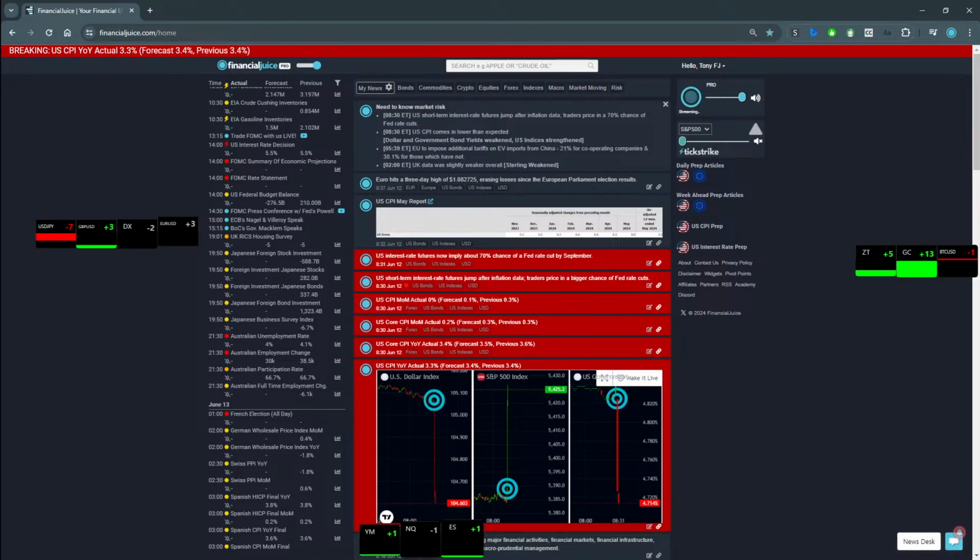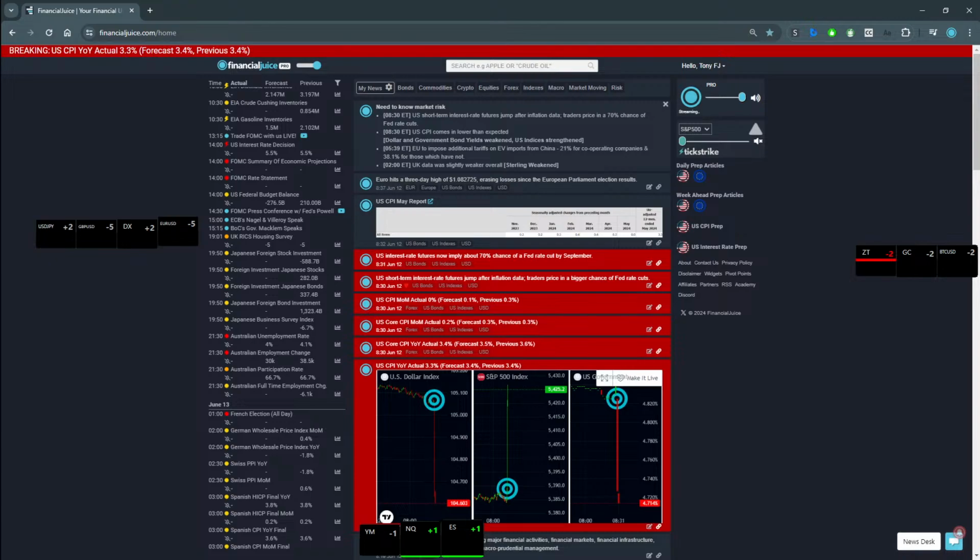My personal opinion is that if this data has been weaker than expected, I'm probably seeing two rate cuts from the Federal Reserve overall this year. Oh, there you go.